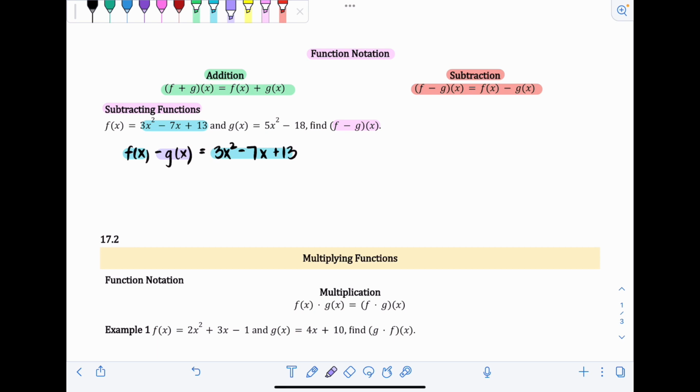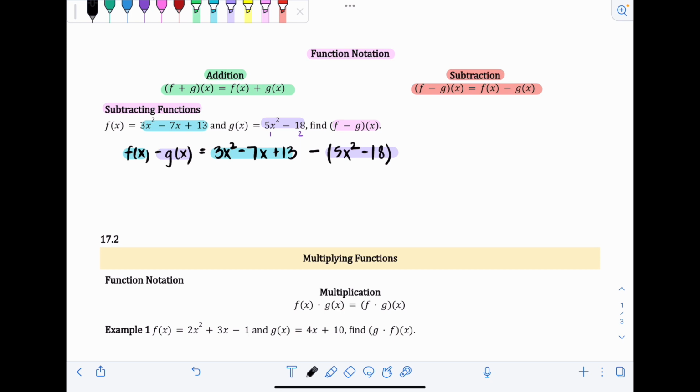We didn't have to do this when we were adding, but when you're subtracting, you need to put the function you're subtracting in parentheses if it involves more than one term. g of x has 2 terms, so it will need to go in parentheses to make sure that I subtract the entire function. So it'll be minus 5x squared minus 18. Whenever you're subtracting functions or expressions, there's always that added layer of needing to distribute the negative that you don't have to do when you're adding them.